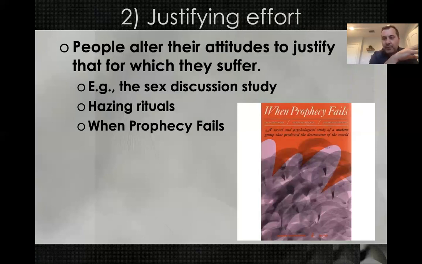And so in his dealings with the cult, they'd all decided to get together the night of December 20th, okay? They were going to wait in this one room for the spaceship to come so they could get on board and it would save them before the world ends in a giant flood. And so they're all gathering in this room in the hours before midnight.